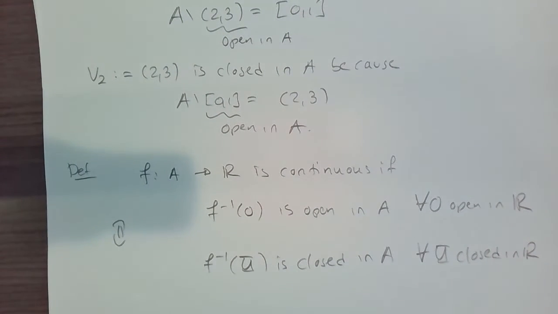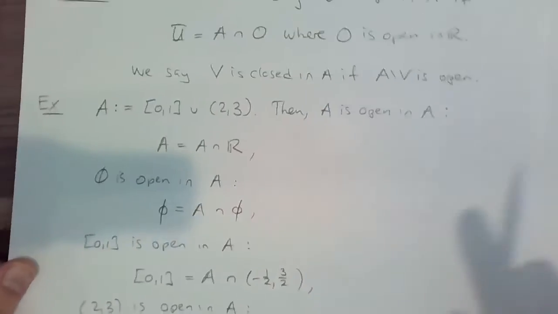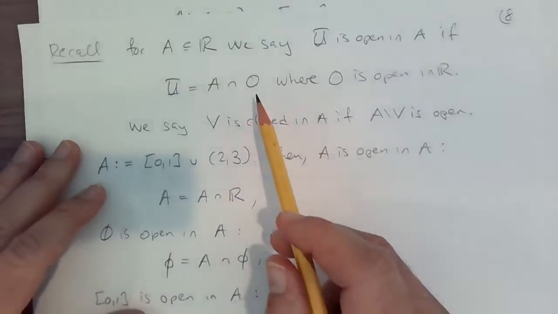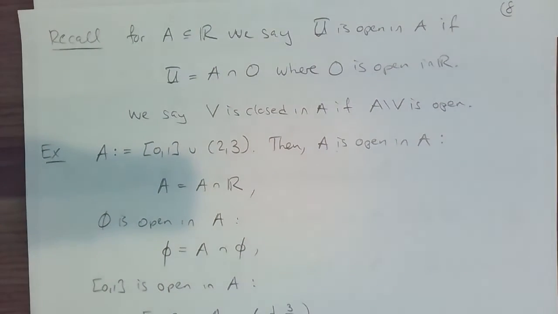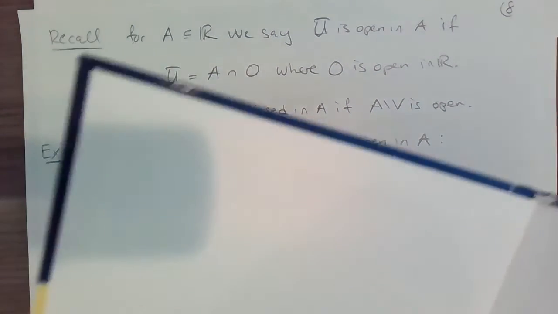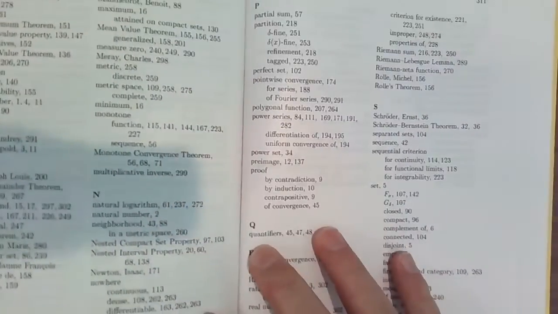You might wonder, when you see something like this, we're saying that you have openness here. Remember when we started out by doing open sets in R, there were these fundamental properties that those open sets had. When you look at open sets, let me see if I can find it, page 88.